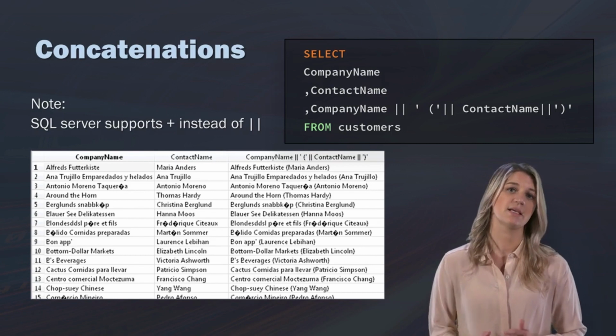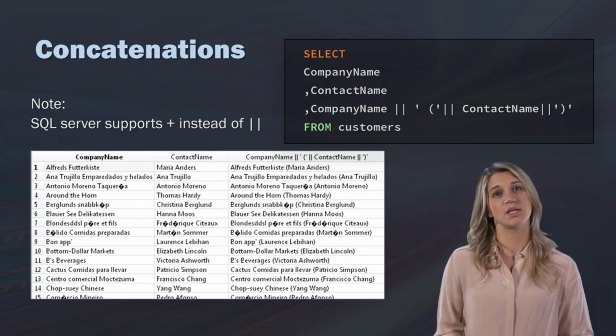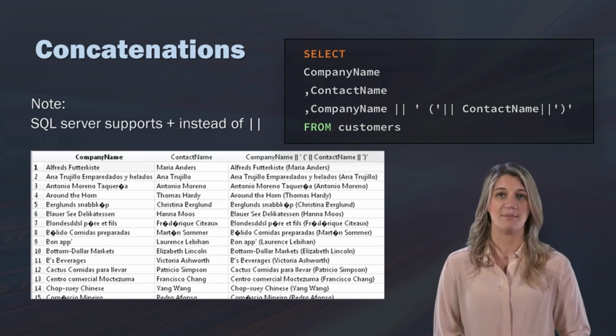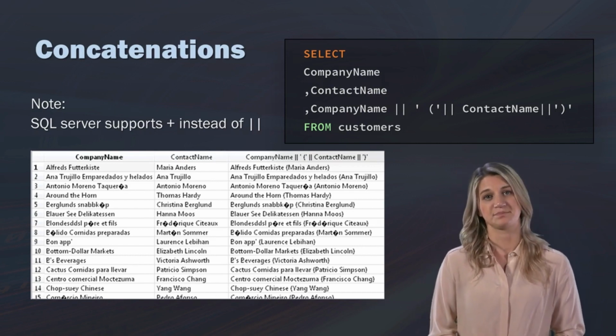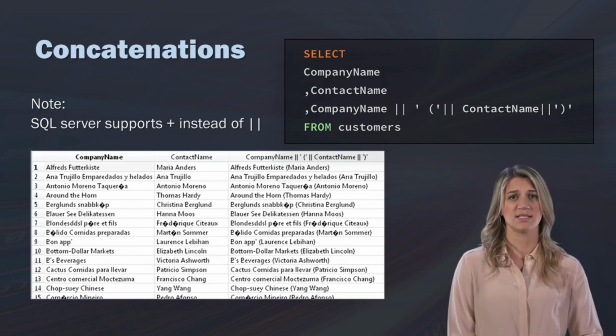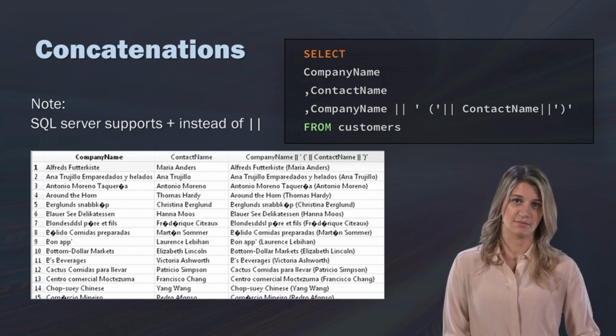In this case, it's contact name. Here in this example, you can see I pulled in the company name and the contact name just so you can see them individually. Then you can see on this side the ultimate result from the concatenation.